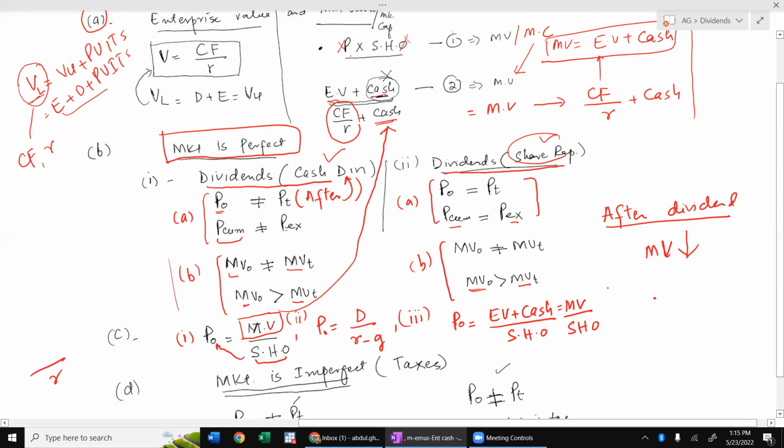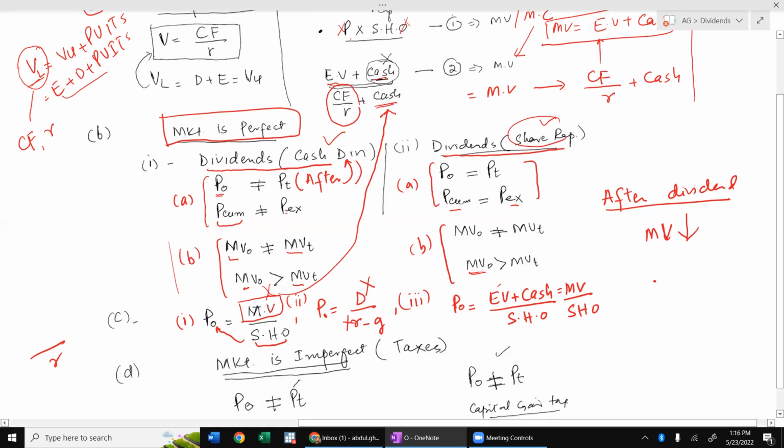So if no dividend is given, no R, then we should look for this formula. If you don't find sufficient information for this part, then there must be some other information that you should look for, that is EV plus cash. So cash should be given or cash flow should be given to calculate market value, and then price. Everything clear so far, students?